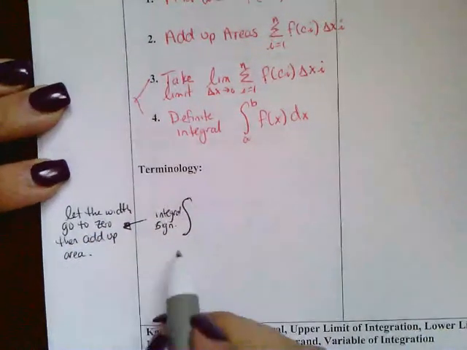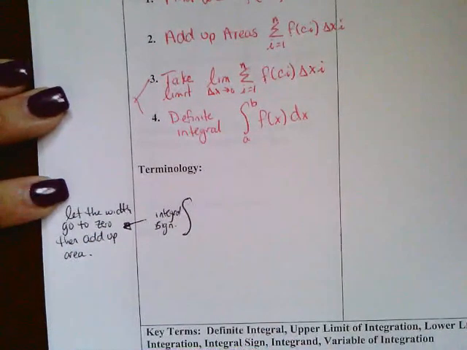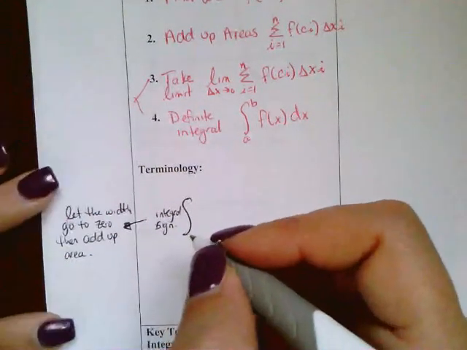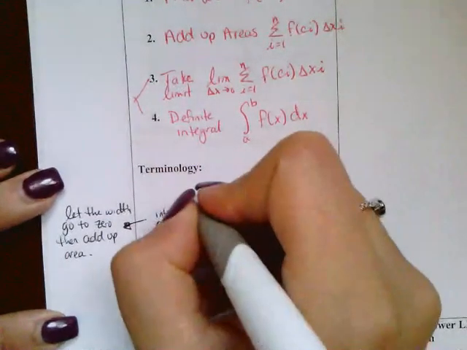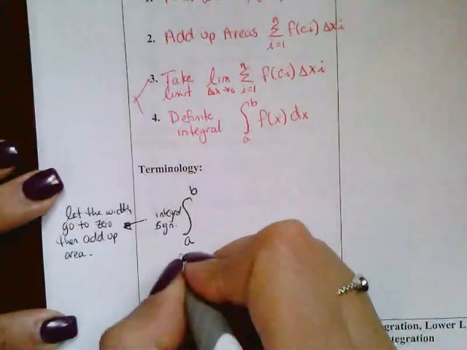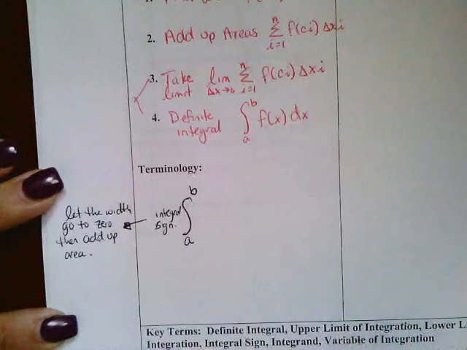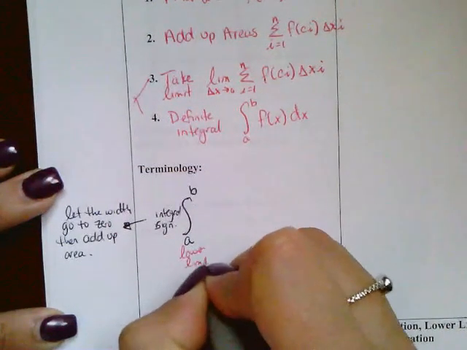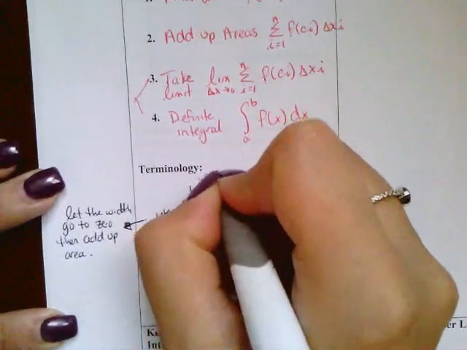That's basically what we're doing when we take the integral of something. We're trying to let the width of those partitions eventually equal 0. And then of course you have a big section that you're dealing with. This is the lower limit. This is the upper limit.